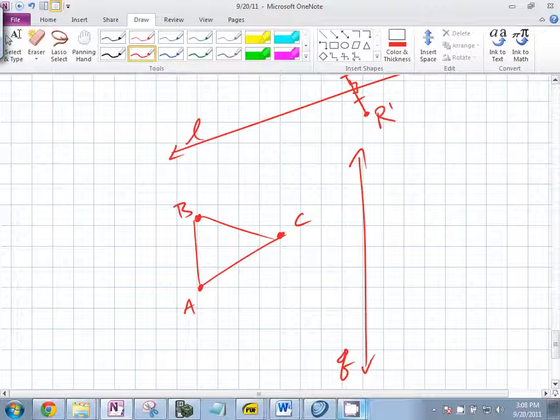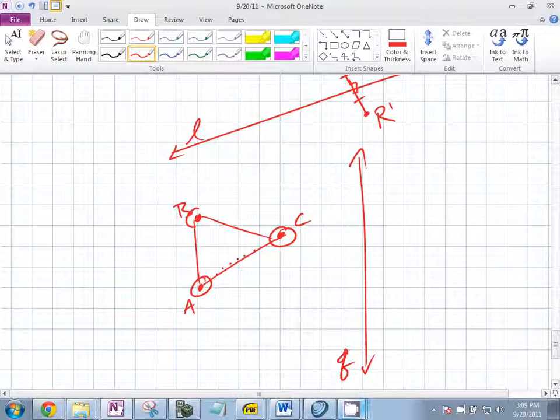Would you have to reflect every one of these little points? No. How many points do you need to reflect? 3. Yeah, you find A prime, B prime, and C prime, and then you connect them, you make a triangle, exactly. So you don't need to reflect more than 3.